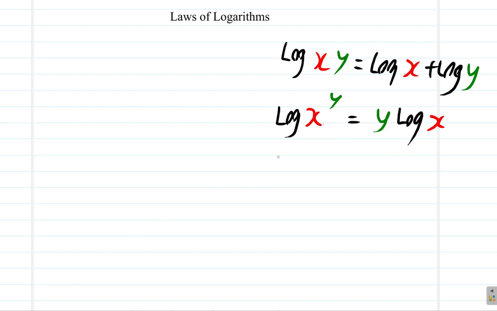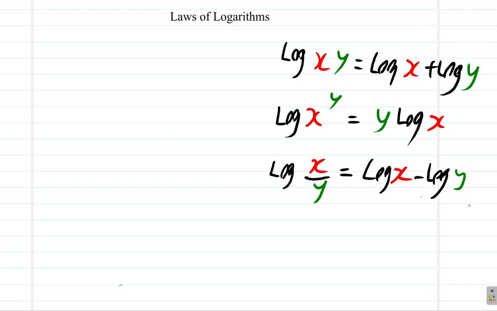And the third one says the log of x divided by y is equal to the log of x minus the log of y, provided of course that all these logarithms have the same base. Alright?